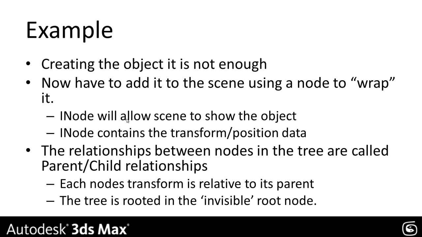So you definitely need to understand that the parent's transform, the child's transform, its children's transform are all going to be additive. Okay? The tree is basically rooted in the invisible root node. Okay, so there's a root node that basically contains everything within the scene.